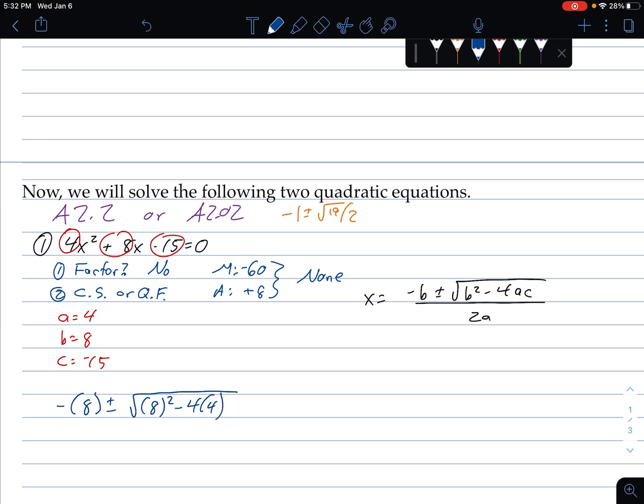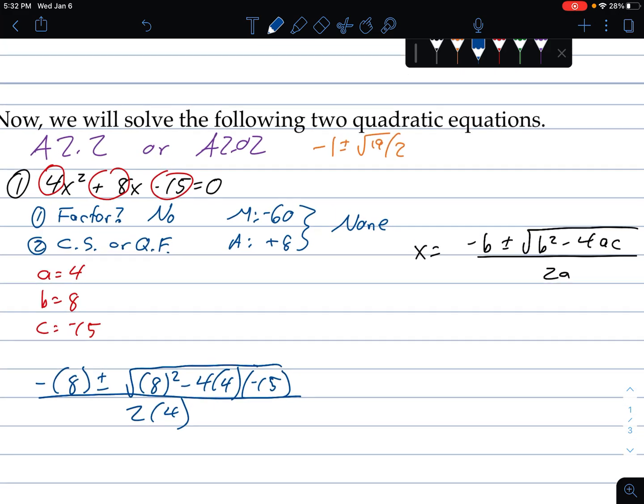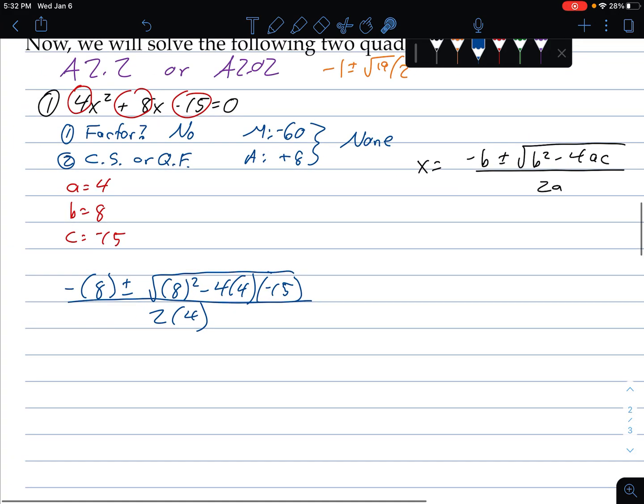The a is another 4. The c is a -15. Divided by 2 times the a is 4. So all I did is take my formula, which I rewrote over here, plugged in a everywhere I saw an a, b everywhere I saw a b, and the -15 everywhere I saw a c. And all we do now is solve.